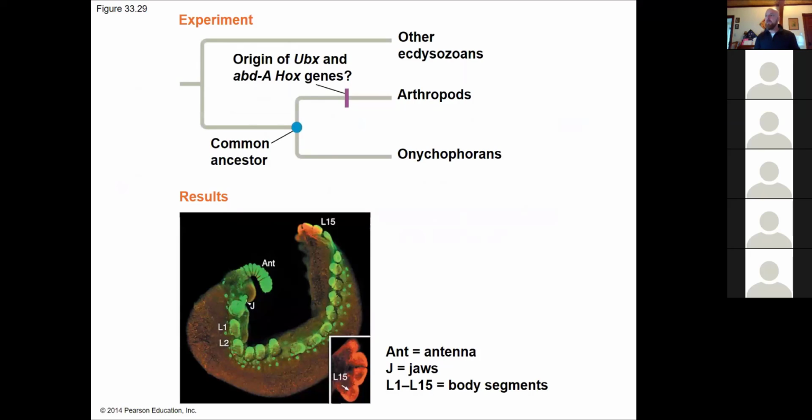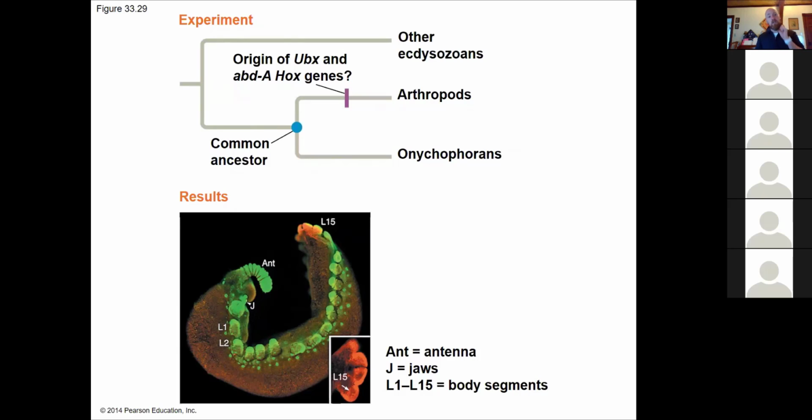So there was an experiment done on this little wormy dude called an onychophoran. There's still onychophorans alive today. And you can see it's a wormy looking thing, but it has these legs and a weird antenna thing on it. So we have a worm with segments and appendages, which kind of makes you think, oh, this is maybe some kind of insect or arthropod ancestor.